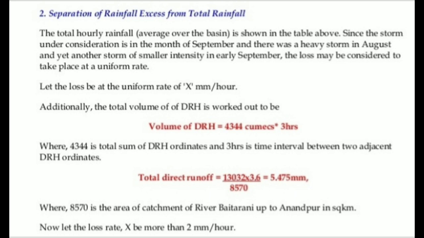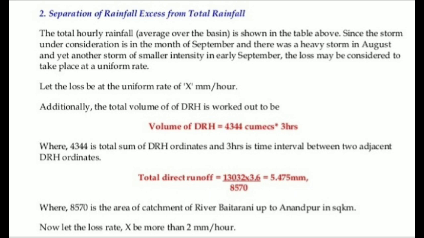Total direct runoff equals 13,032 times 3.6 over 8,570, which equals 5.475 mm, where 8,570 is the area of the catchment of river Baitarani up to Anandpur in square kilometers.